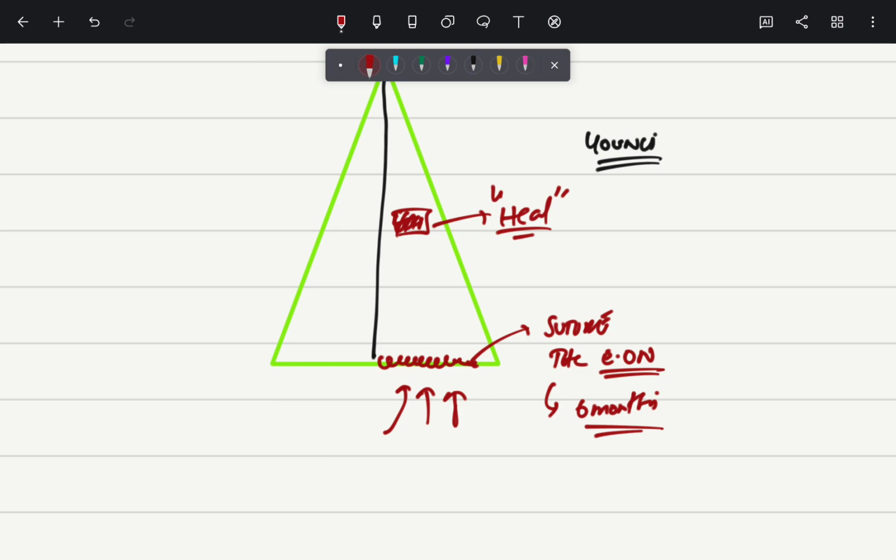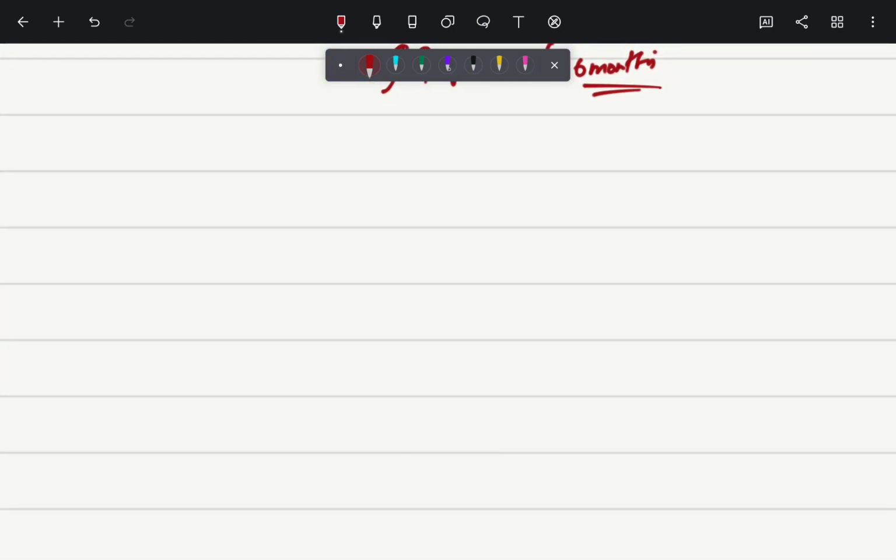That is called your Young's procedure. But usually we will not prefer Young's procedure, because if we tell the patient that we are going to close your nose for 6 months, he will not accept it, right? So in Young's procedure we were completely closing the external opening of the nose for 6 months.